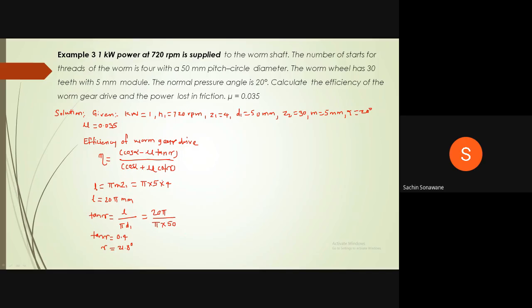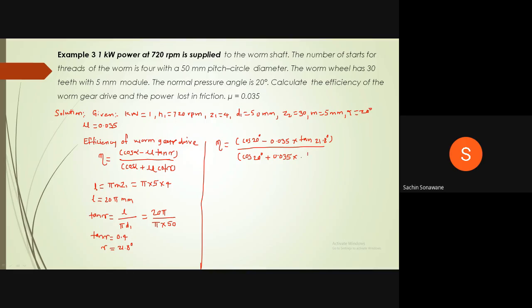Now we will find out efficiency. We will substitute all the values here. Therefore, efficiency is equal to cos of 20 degree minus 0.035 into tan of 21.8 degree, divided by cos of 20 degree plus 0.035 into cot gamma, and cot gamma is equal to 1 upon tan gamma.